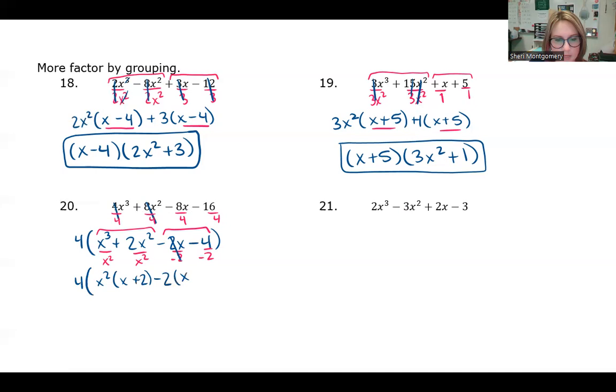Then you're left with x plus 2. Our goal was to get 2 factors in parentheses that are the same. We did. So I will pull that out into the front. You would still have the 4 out of it, right? Yep.